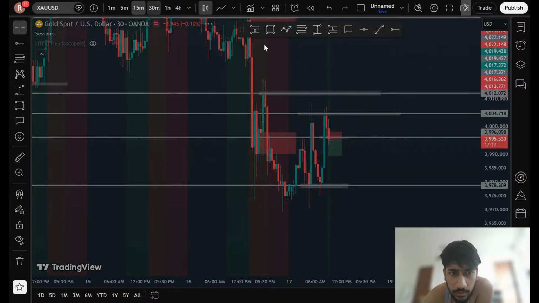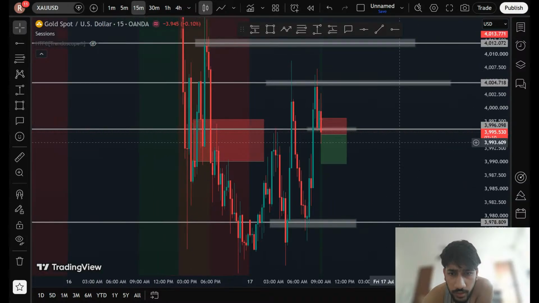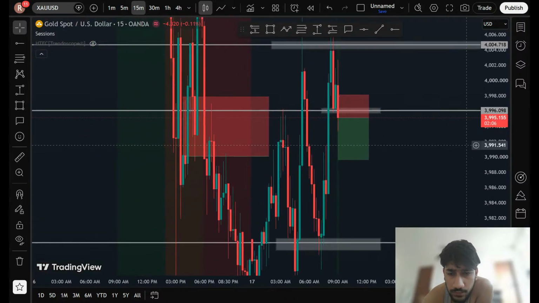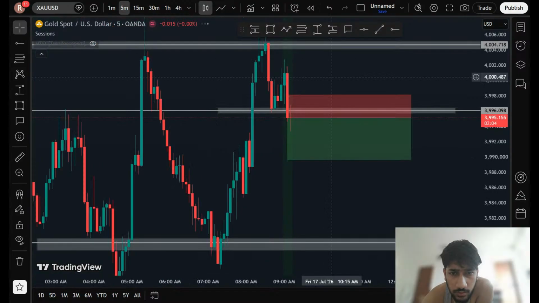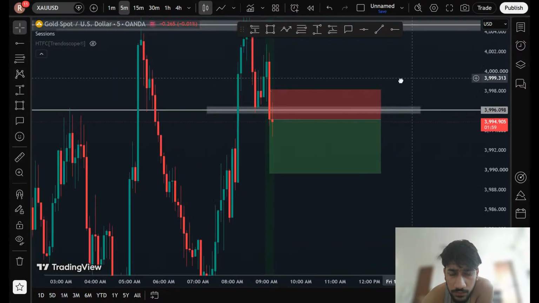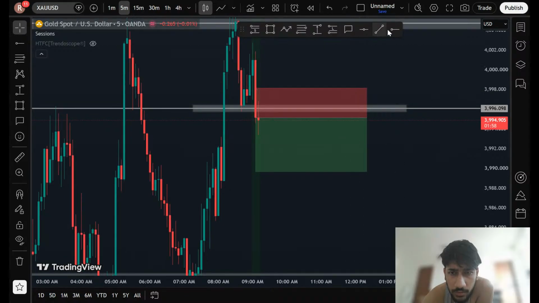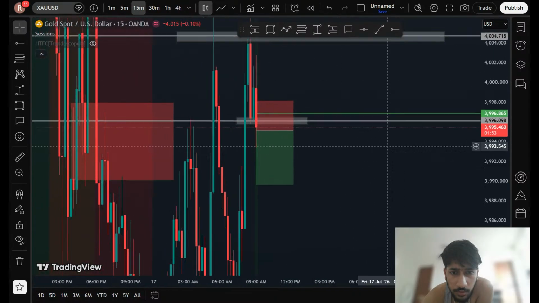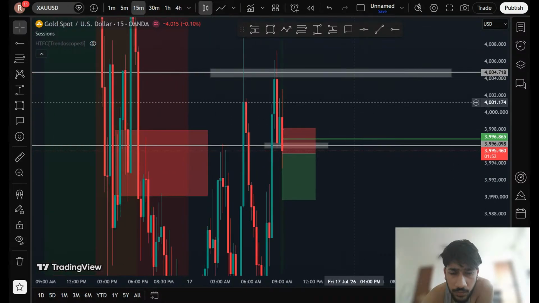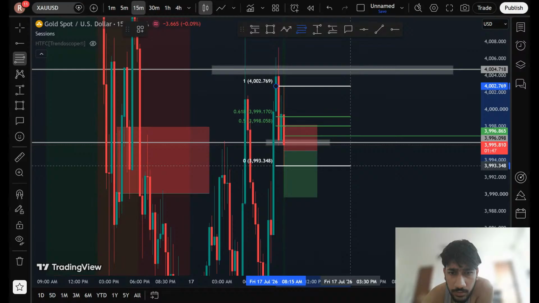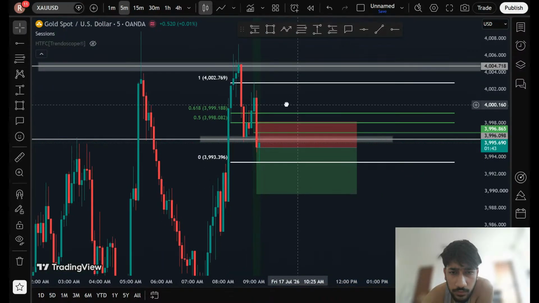The way I'm going to manage the risk is, if this 5-minute candle breaks the high of the previous 5-minute, I'm going to close 50%, and the rest I'm going to keep at 50% of the range, 50% of the candle.